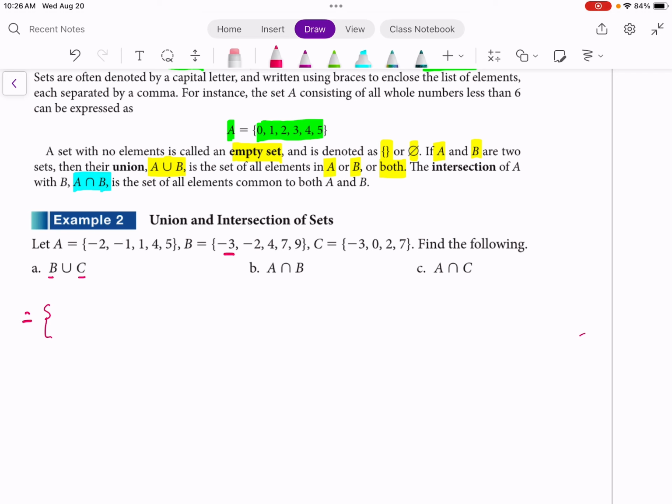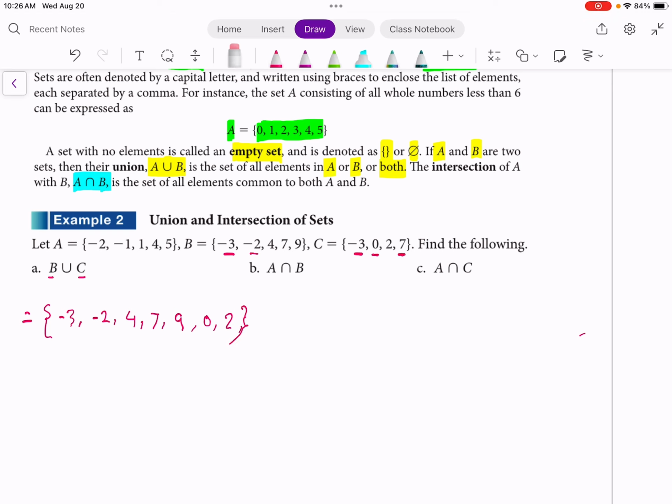So let's write from B: -3, then -2, 4, 7, 9. Now let's go to C. We have -3, but we already have -3 here, so do not repeat. Next is 0, we don't have 0, so write down 0. Next is 2, we don't have 2, so write 2, and we already have 7, so do not repeat.